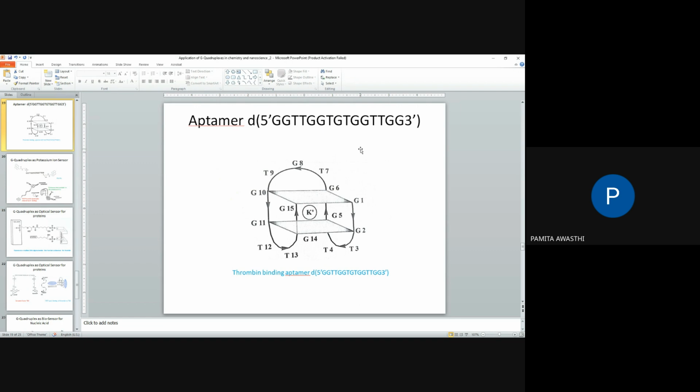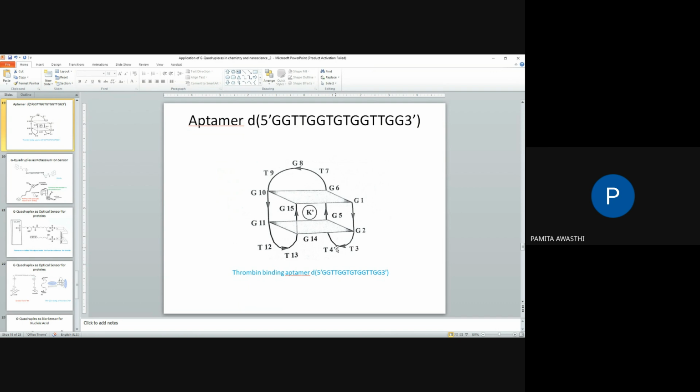So the potassium ion, which is there at the center, is important for stabilization of this structure. NMR and mass spectrometry confirm the presence of potassium here. So till date, a number of thrombin biosensors have been developed. However, later on, it was noticed that it has the potential to be used as a therapeutic anti-thrombotic agent.